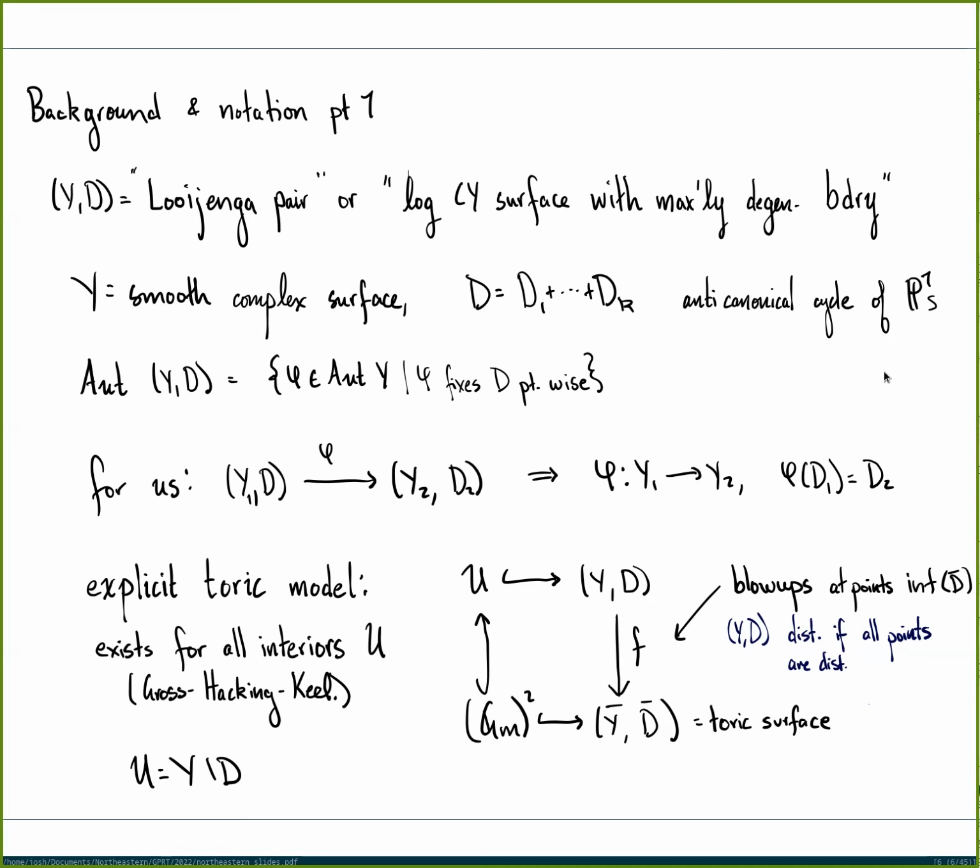So sorry, let me now do something which is probably a terrible idea, which is to kind of draw what I mean by this. If you let this be my picture of P2, and I start blowing up, these are going to be exceptional curves.